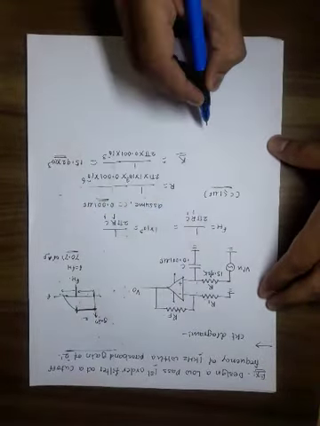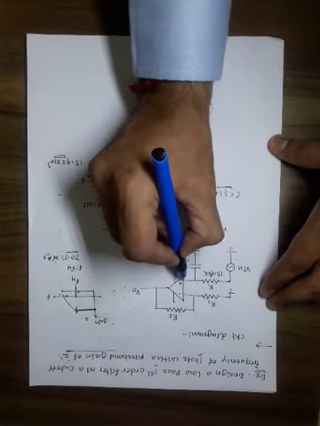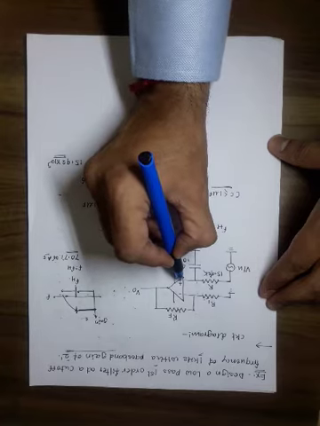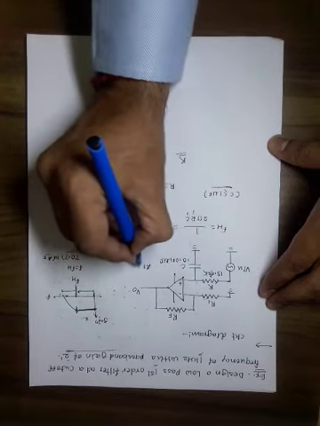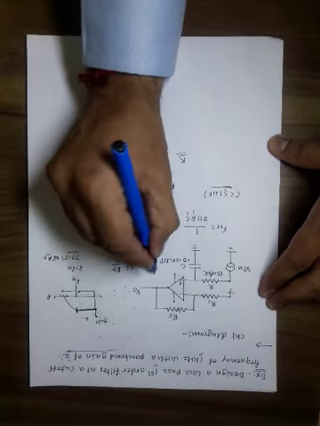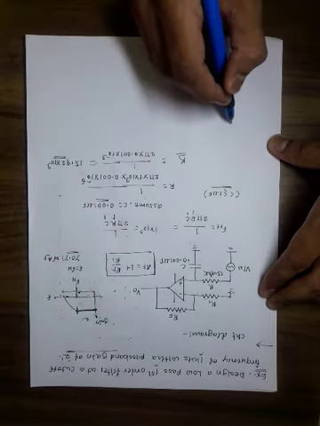Then R1 and RF deal with the gain of this filter. We are providing the input signal to the non-inverting terminal of the operational amplifier. So for this configuration, AF equals 1 plus RF upon R1. This is the formula for gain of the non-inverting configuration.